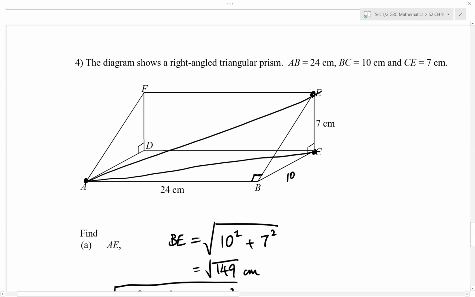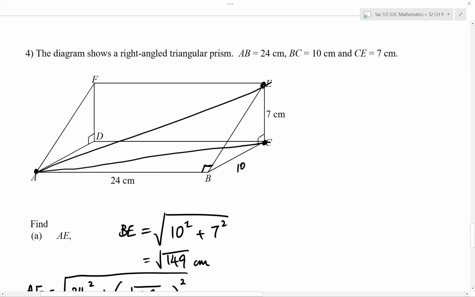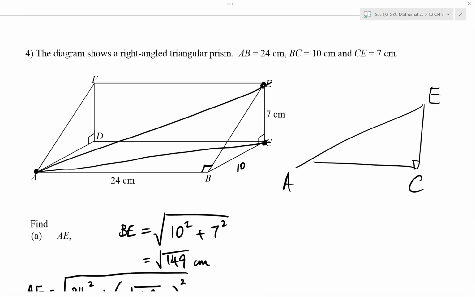Okay, so can you see a new right angle triangle that is formed? CAE. The triangle that I've just formed is this, and I'm certain that this is a right angle. Why? Because this object is on a flat surface and EC is a perpendicular line.